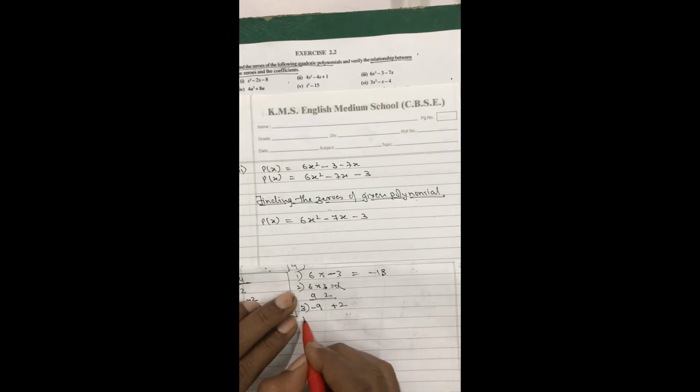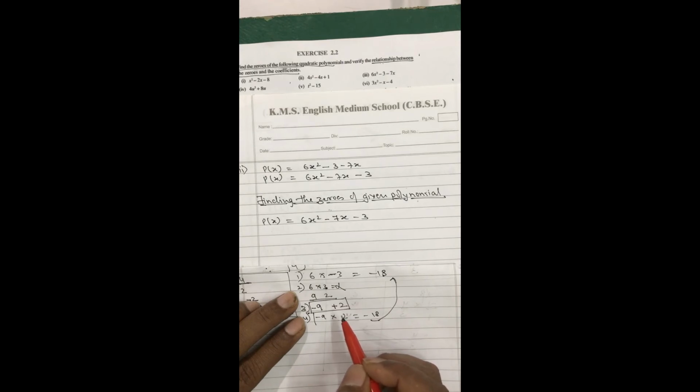Fine. Now verification. Minus 9 into 2 is minus 18. Right? This is the right split: minus 9x plus 2x. But what I will do is write 2 first, with 6 paired with 2 and 3 with 9.